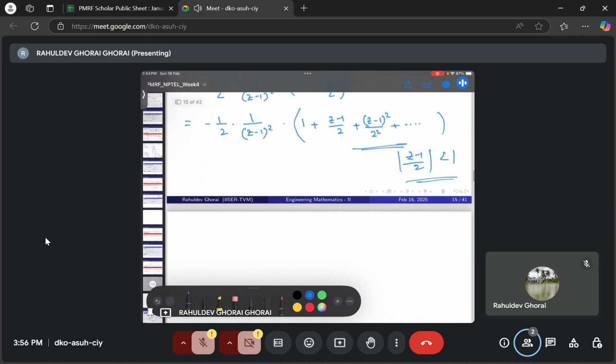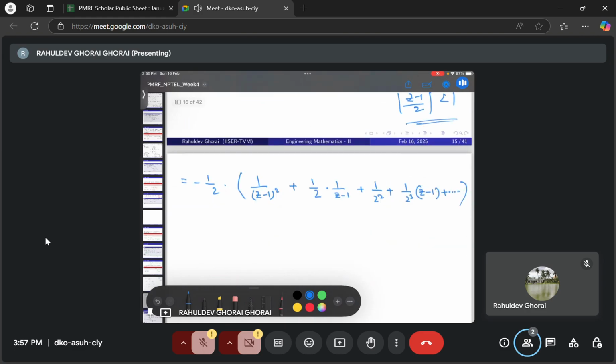So that again you can write minus 1 over 2, 1 by, you just take inside this one, 2, plus 1 by 2 square, 1 by (z minus 1), plus 1 by 2 cube, (z minus 1), and keep on going.